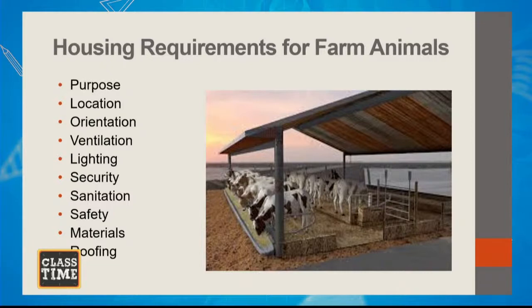We need to look at other requirements: the location of the house, the site you're going to choose to put that house, the orientation of the house. That means how the house is aligned in an east to west direction or a north to south direction. Ventilation, how air is circulated into the house. Lighting, we're looking at what we call natural daylight in the day or electric light at nights.